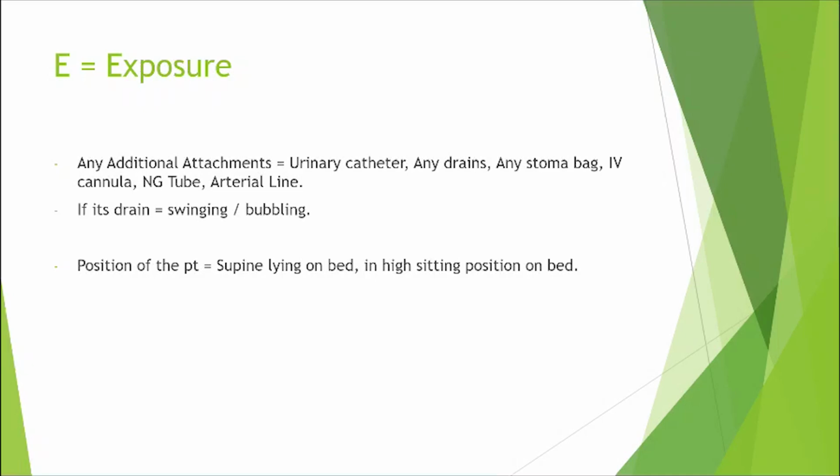We need to mention that in our documentation as well. Apart from that, when we are trying to transfer or mobilize the patient, we need to take proper consideration of these attachments, so we don't make anything worse. So it is better to know how to manage that.